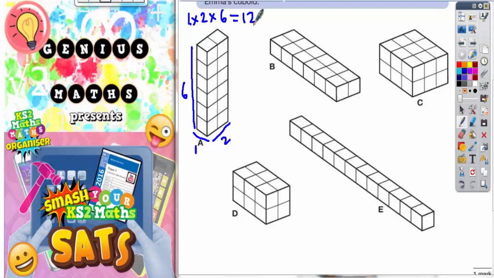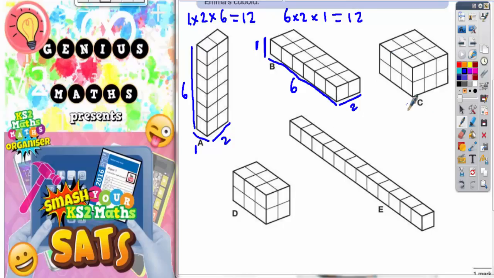So we're still getting 12. Okay? For B, we come down here, which is 6 squares, across this way, which is 2 squares, and the height is only 1 square. So this one is 6 by 2 by 1. 6 by 2 is 12, 12 times 1 is still 12. Okay? 12 so far.